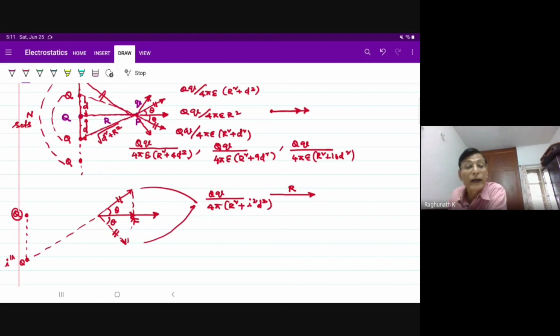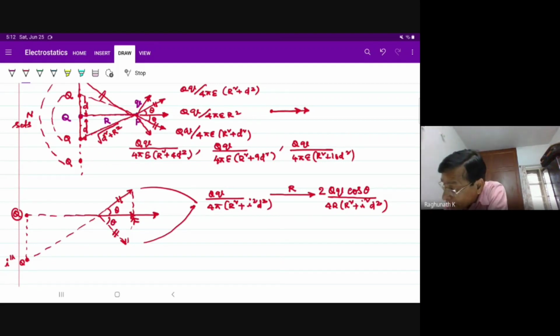If this is theta, I have to write it as 2 times capital Q, small q, cos theta by 4 pi into r square plus I squared d squared. What is cos theta in the figure?